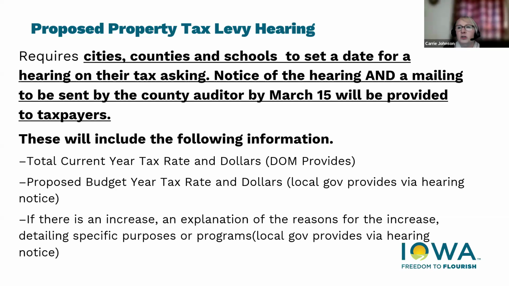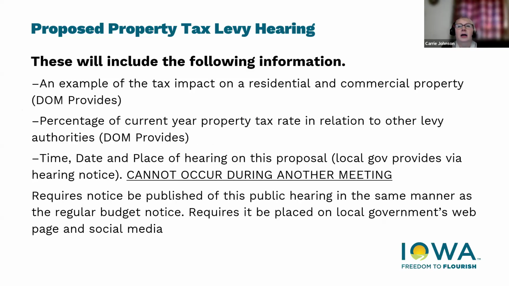We'll go over it in more detail at a later time, but it includes all the dates and places and times of those hearings. It includes some comparison information for folks. If taxes are going up, then that local government, city, county, or school has to provide the reasons, and include some examples of the impact on residential and commercial properties, et cetera.